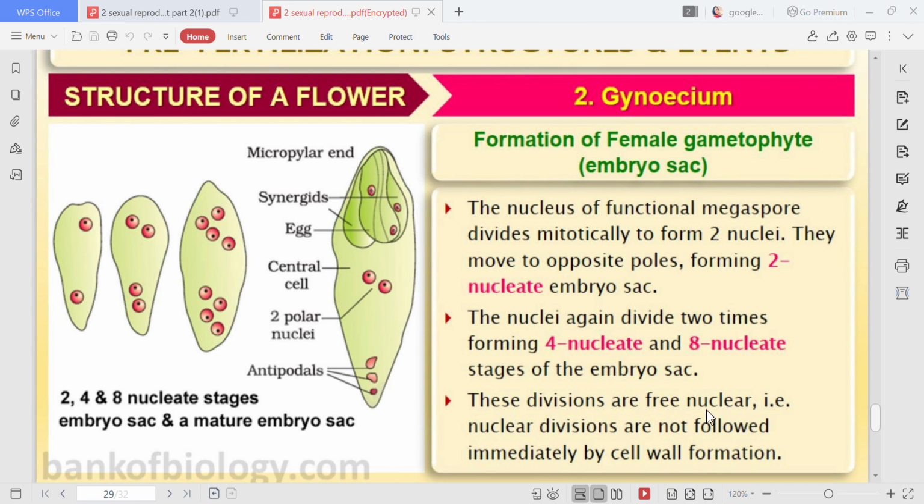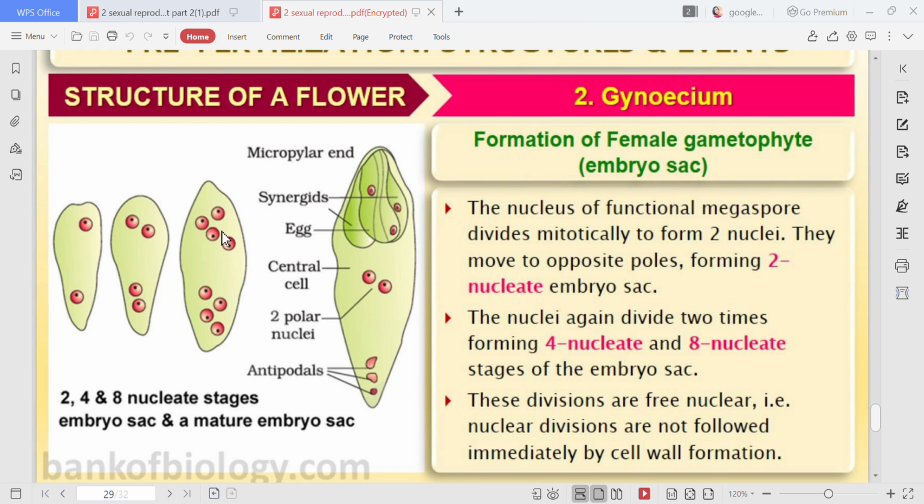Now children, mark my words and try to understand what this means. Free nuclear means that nuclear divisions are taking place but they are not followed by the formation of a cell wall. Generally, when the nucleus divides, the cytoplasm also starts dividing and a cell wall is formed around each nucleus.